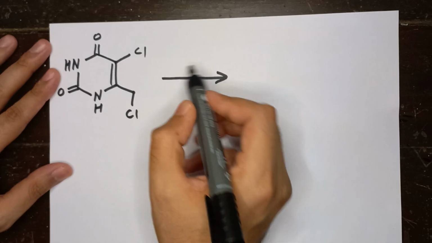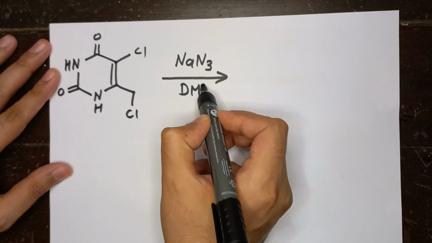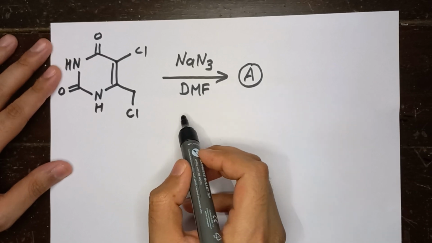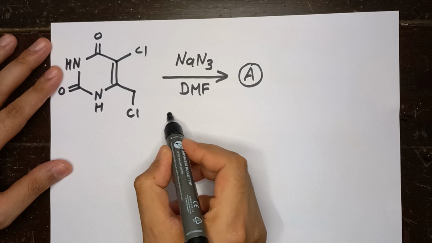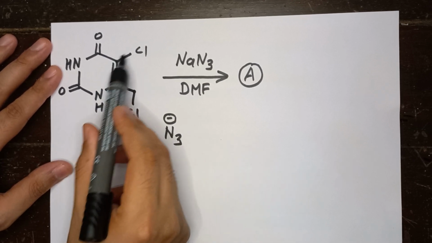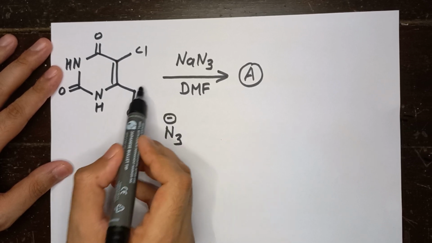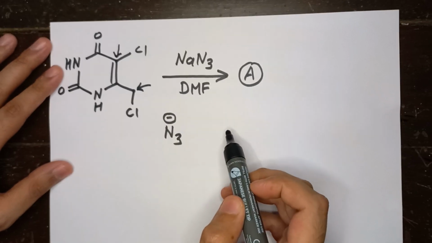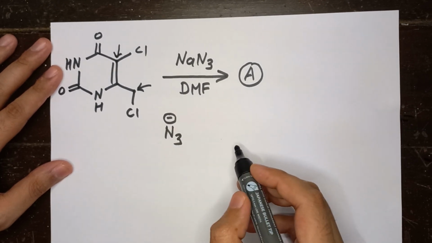In first step, we are using sodium azide in presence of DMF as a solvent and we are getting molecule A. So this sodium azide will give me N3 minus, that is azide anion, and we have carbon containing chlorine. So this reaction is a type of substitution reaction, but we have two centers to attack. One is here and one is here. So what do you think? Which one is going to be replaced by this azide ion?